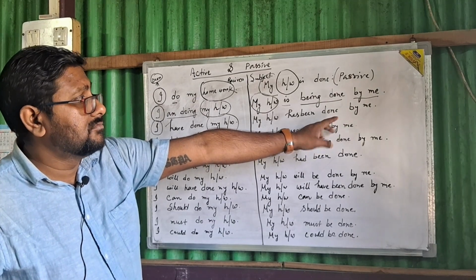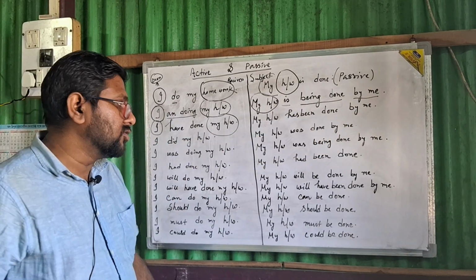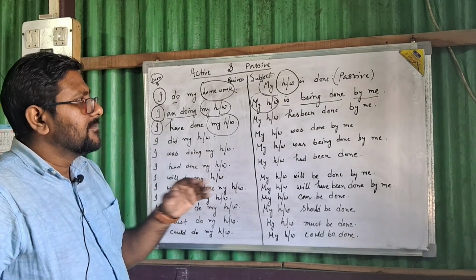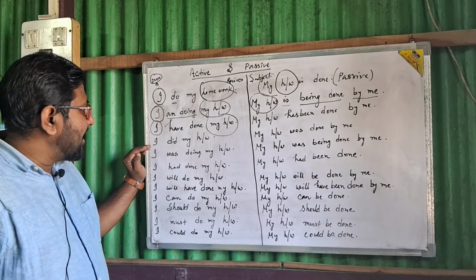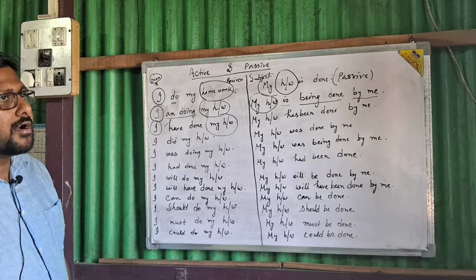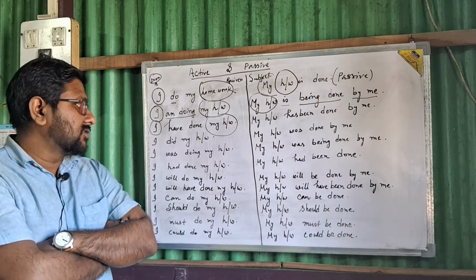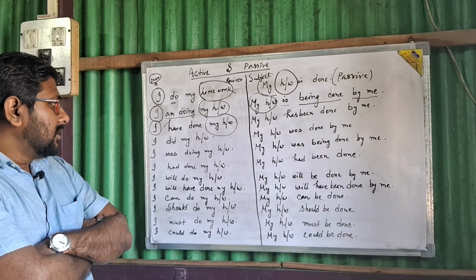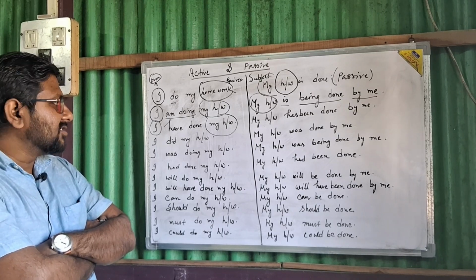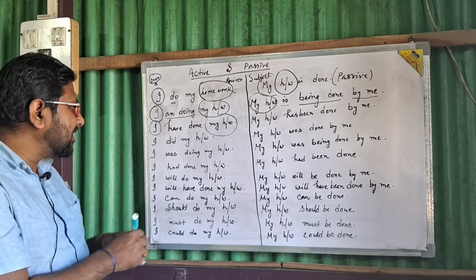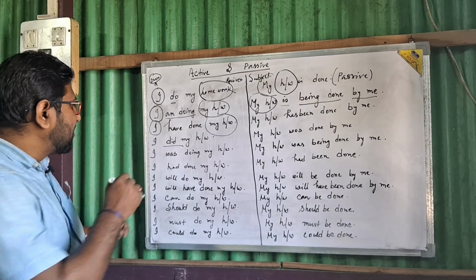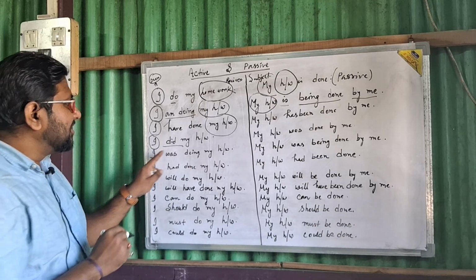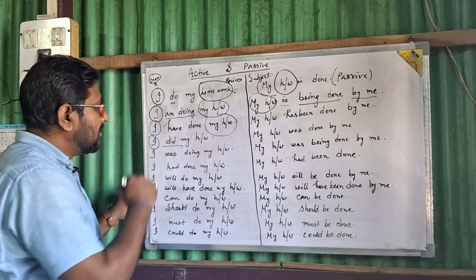Now, you may put "by me", you may not put "by me". That's regardless. Let's go to the next one, which is: I did my homework. I'm sure you guys will definitely know what kind of tense this is. Before I go ahead and tell you: I did my homework. So "did" is simple past. So I, once again being the subject, and my homework being the object.